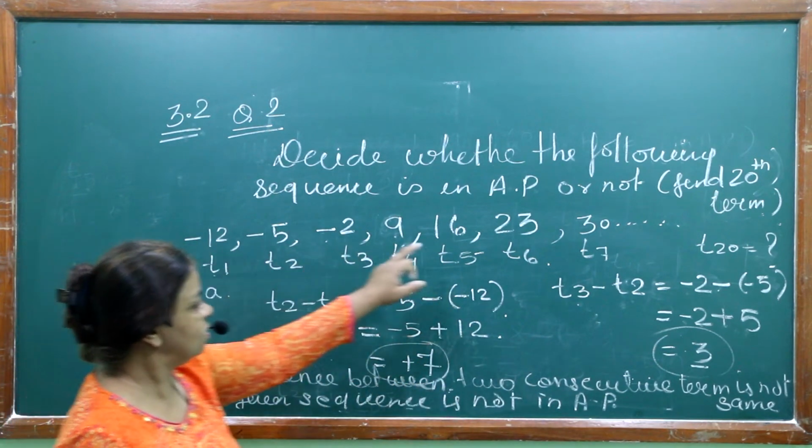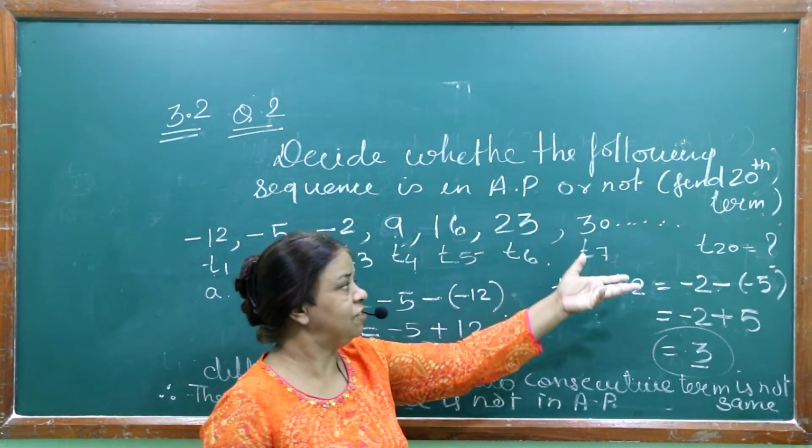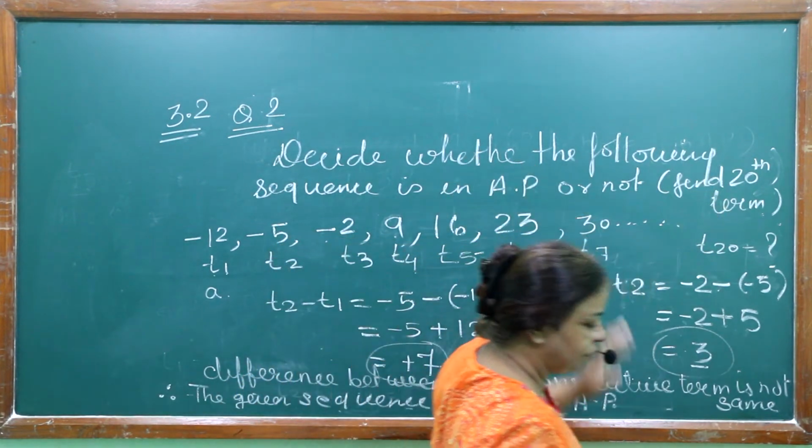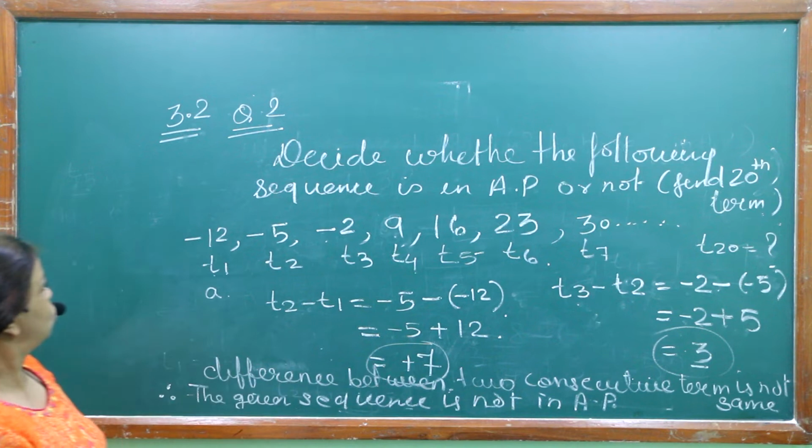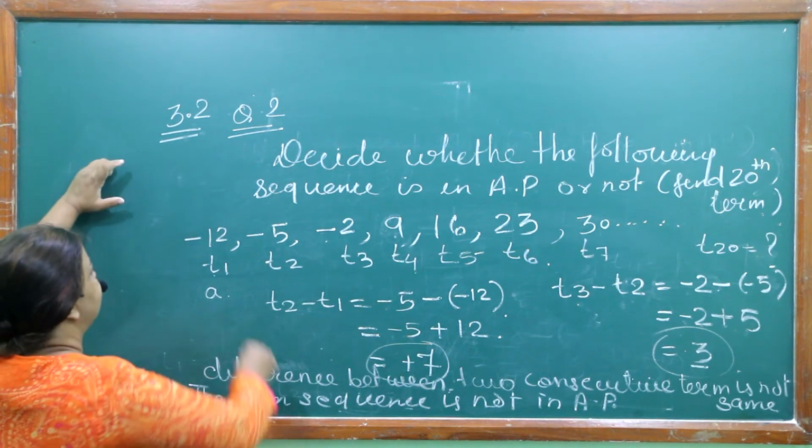So this sequence is not in arithmetic progression, and therefore we don't need to find out the 20th term. So question number 2, first sum we are done.